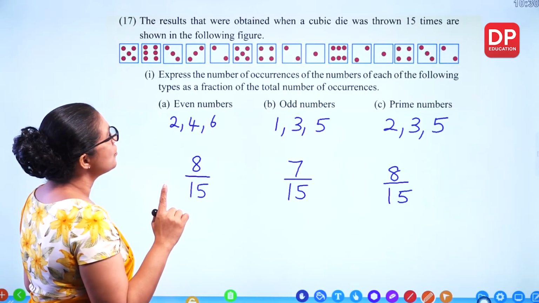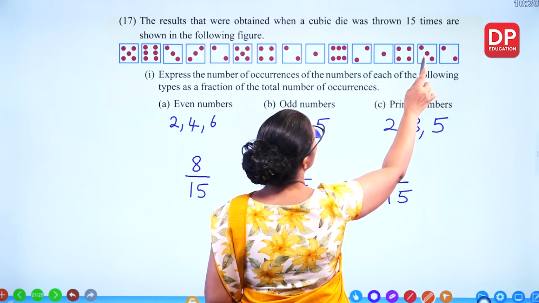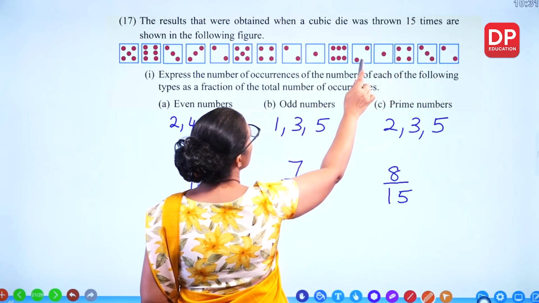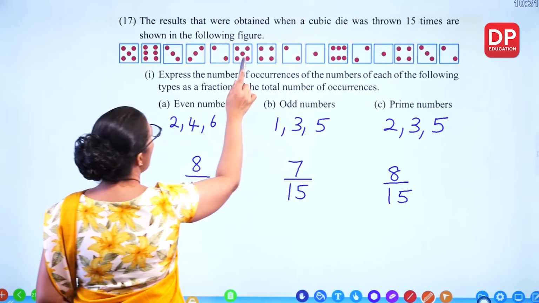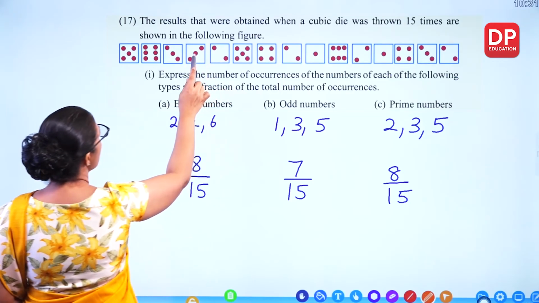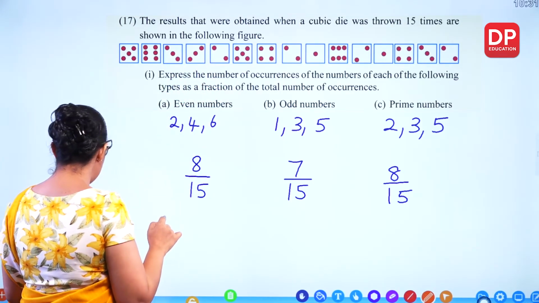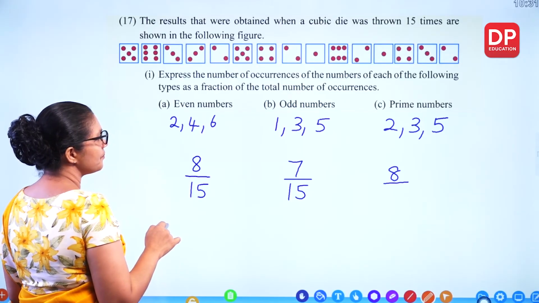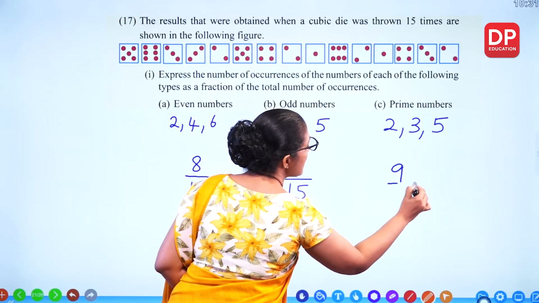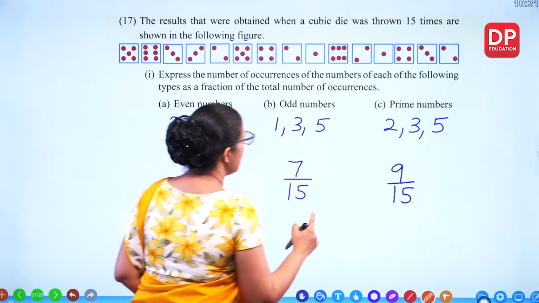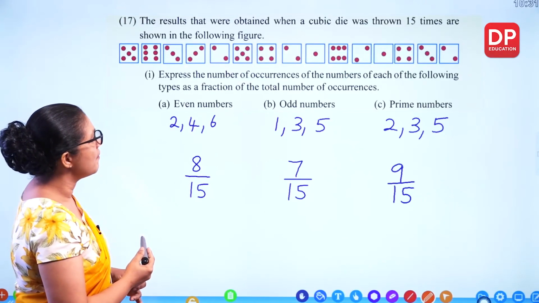Again, we'll check 2, 3, 5. 1, 2, 3, 4, 5, 6, 7, 8, 9. 9 possibilities are there out of 15. Here you can simplify, but you don't need to simplify now.